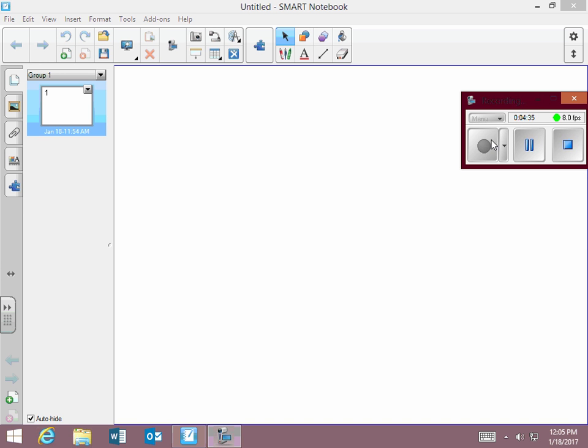And then postulate 6 on the next page is the ruler postulate. Every line can be made into an exact copy of the real number line using a one-to-one correspondence. So every line has the same number of points, and there's a one-to-one correspondence between the points on the line.